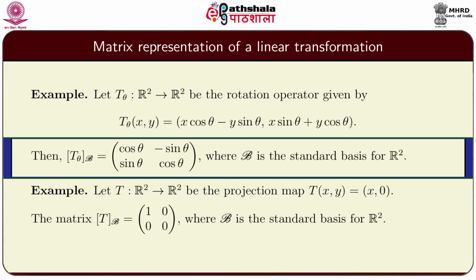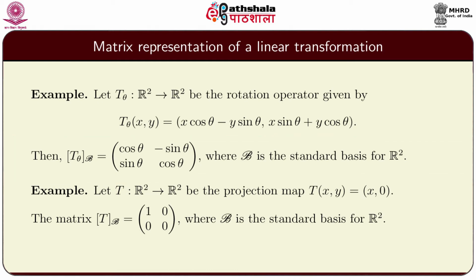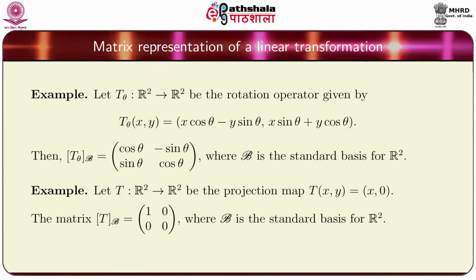If we look at T theta of E1, which is T theta of (1, 0), then it is precisely (cosine theta, sin theta), this vector, and T theta of E2, which is T theta of (0, 1), that would be (minus sin theta, cosine theta).